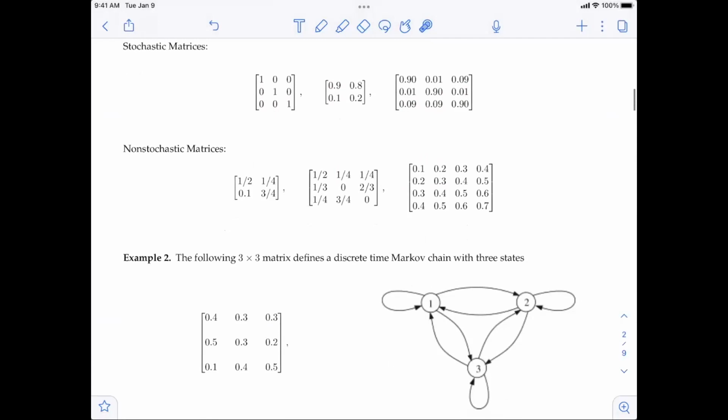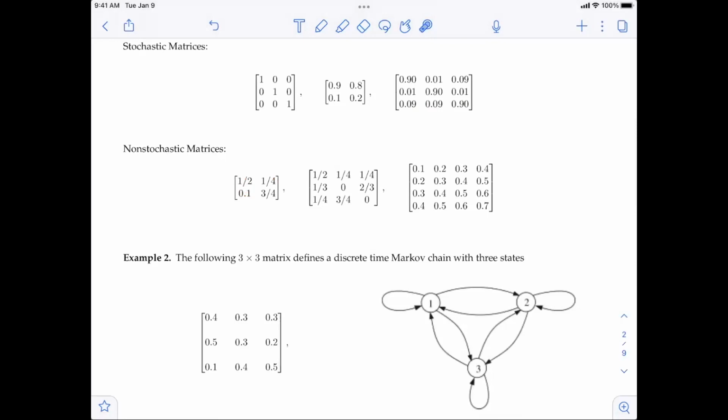Moving on to the next 3 examples of matrices. Even though the entries are between 0 and 1, they do not add up to 1. The entries in each column do not add up to 1. For example, 1/2 plus 0.1, so this is 0.5 plus 0.1, which is 0.6. It does not add up to 1.